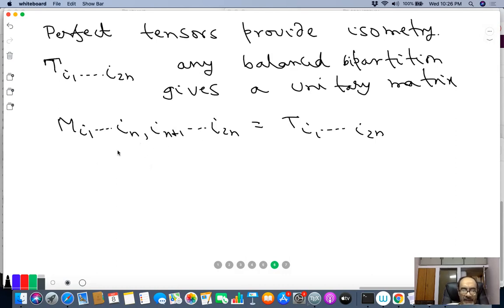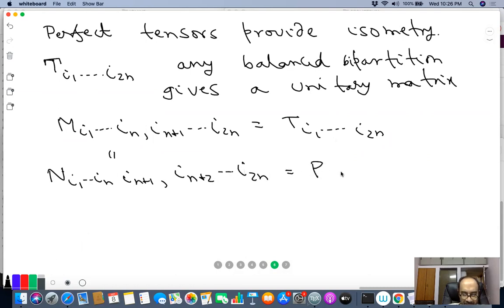And now you can generate other isometries by moving any of the input legs to the output leg. So the same set of numbers, T I1 to I2n, we can also interpret as M I1 to In plus 1 and In plus 2 to I2n.